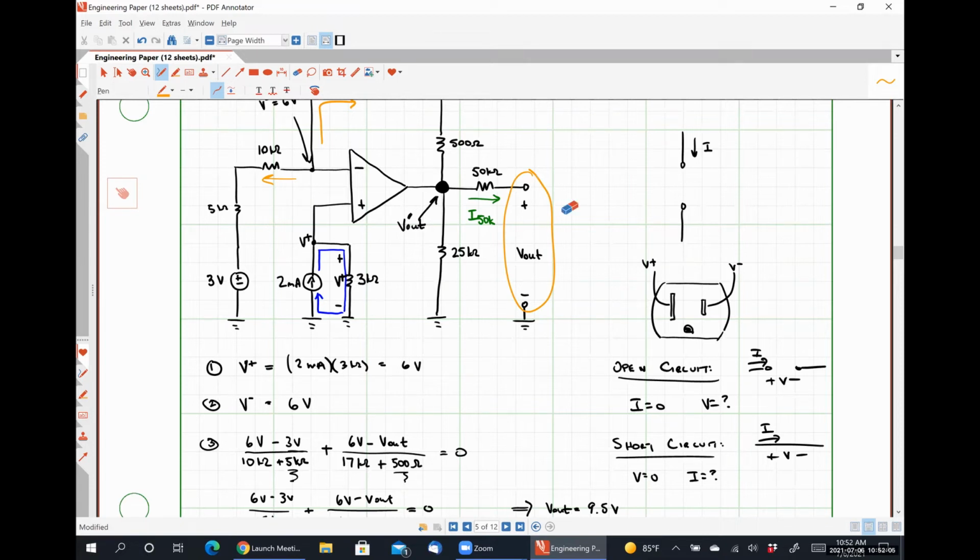I could break that by putting a resistor here, right? So if I put a 50 kilo ohm resistor like so, and now called this guy V out, we could use voltage division to figure out what the relationship is between this voltage and this guy.